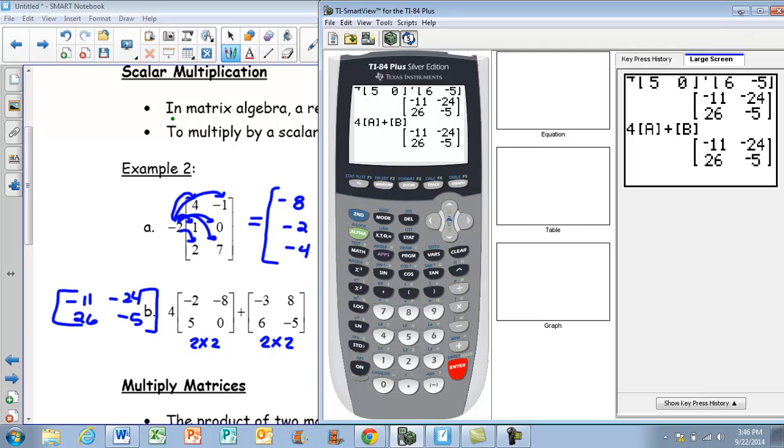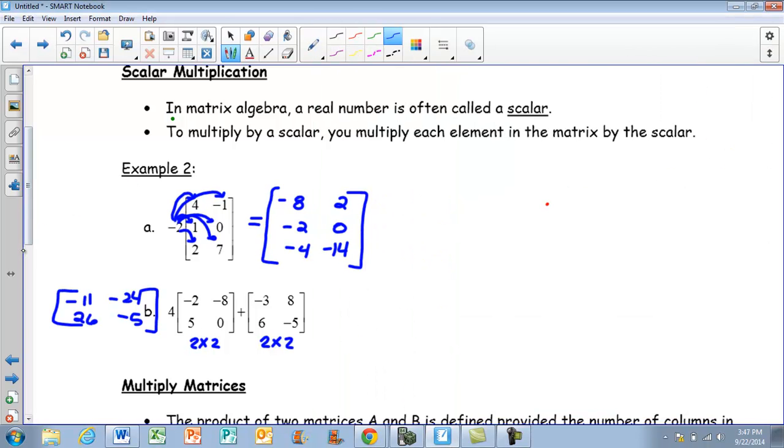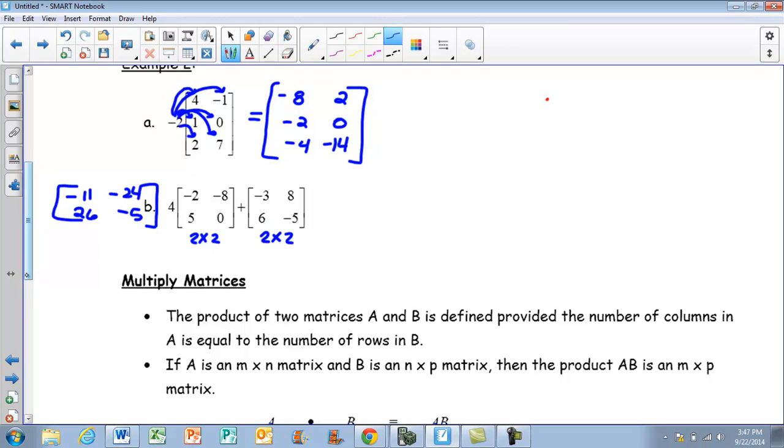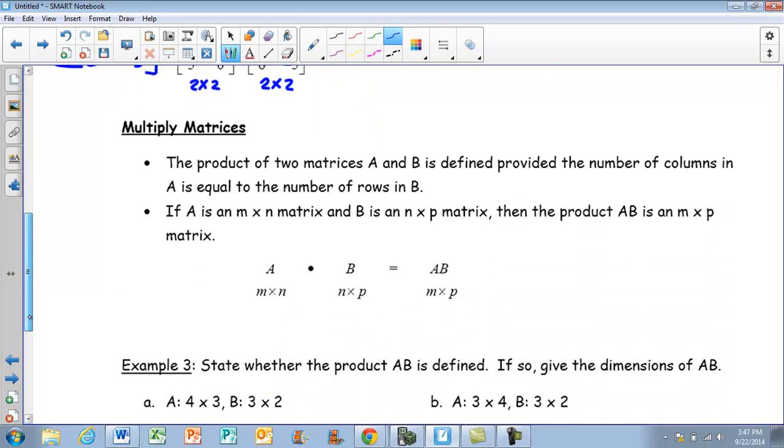Alright, moving on then. If we take a look at the next section here, we're just going to look at multiplying matrices. The product of 2 matrices is defined only if the number of columns of the first is equal to the number of rows of the second.